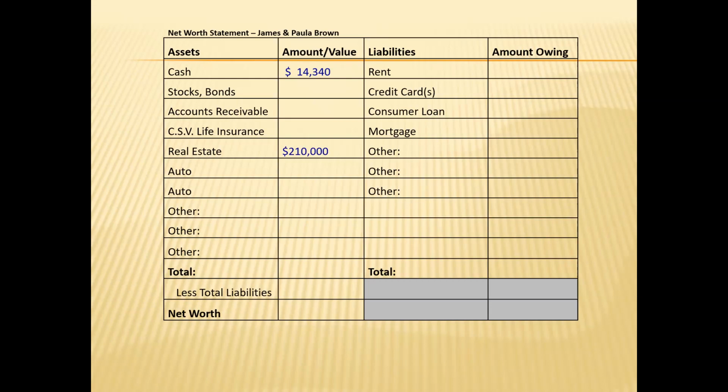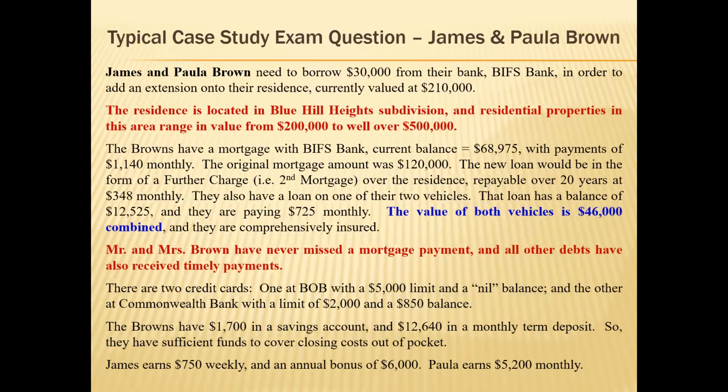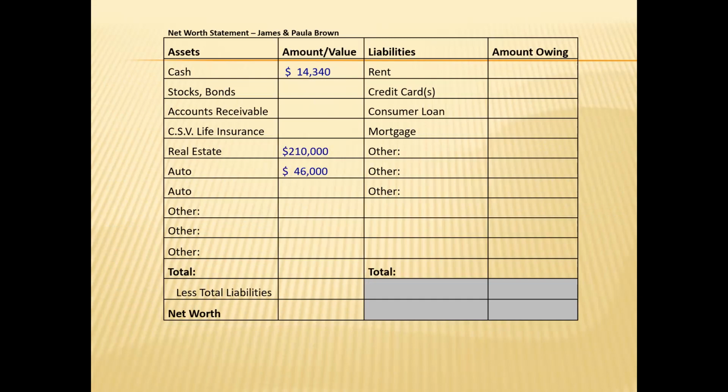They have some vehicles, both vehicles combined about 46,000. Okay, so the value of both vehicles is 46,000 combined, so we plumb that in there. Any other assets we're told about? No, sir. Okay, so we add those and we get 270,340.